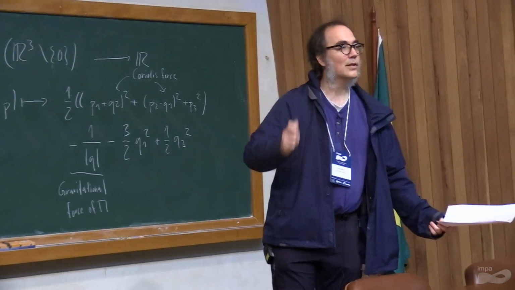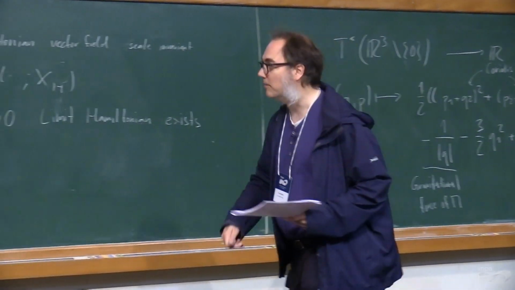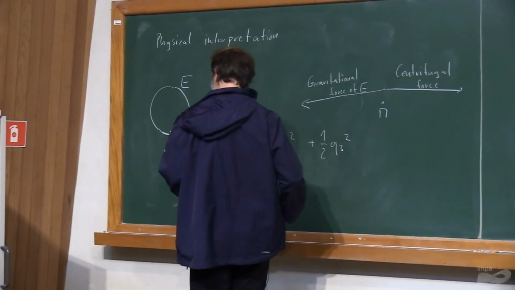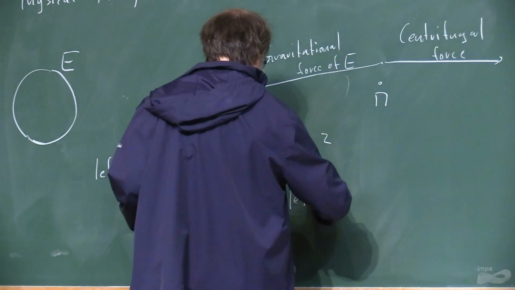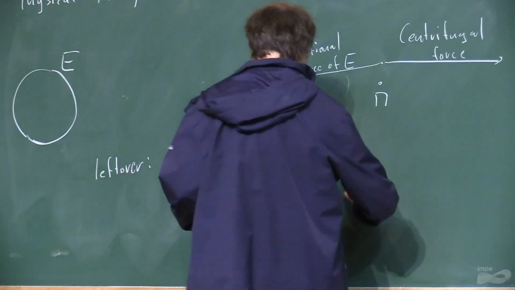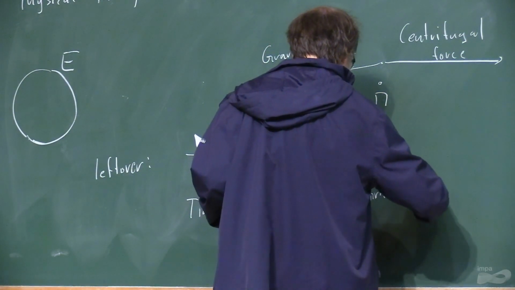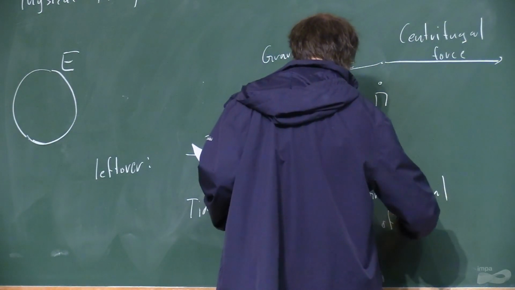So this will make your force back to the ecliptic stronger. That's why we have here a plus sign. So this is the kind of leftover of gravitational force.